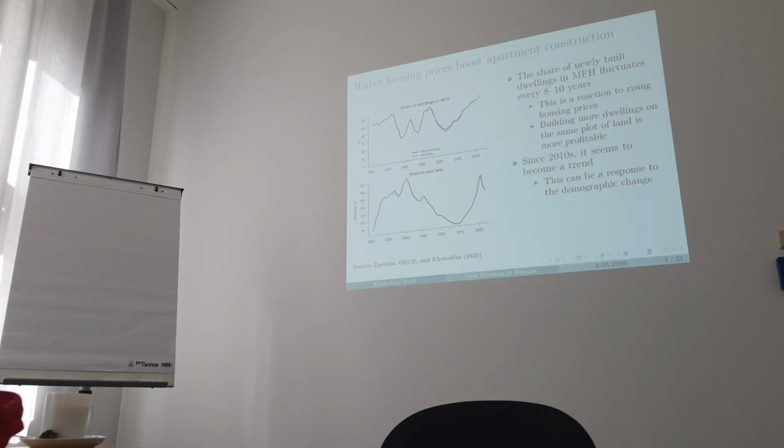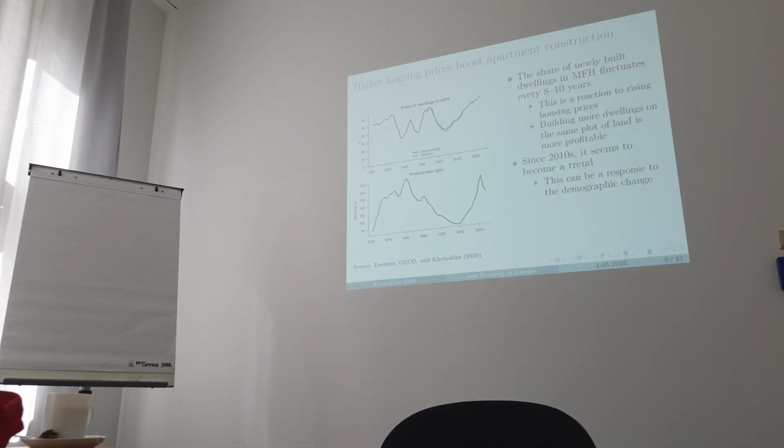Because we know, and I will show you also some figures on this, that these flats and apartments are usually much smaller than single-family houses, or terraced houses, semi-detached houses. So when the proportion of apartments increases, then the average area of the newly built housing decreases too.